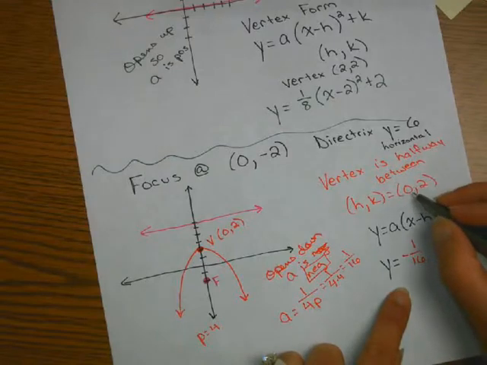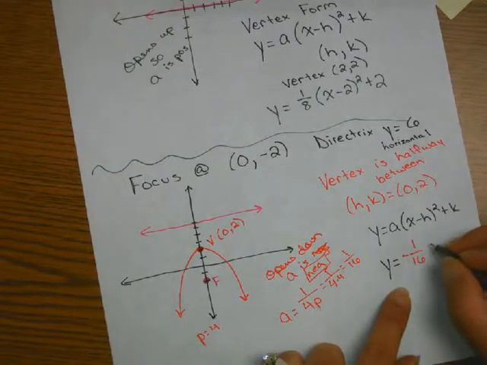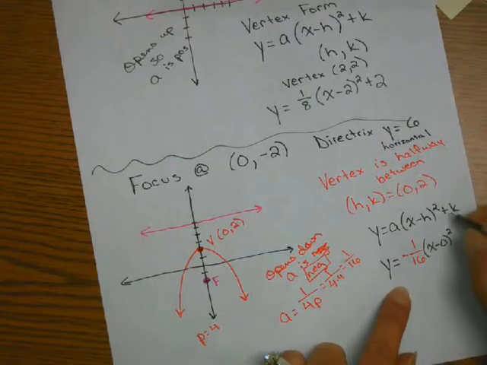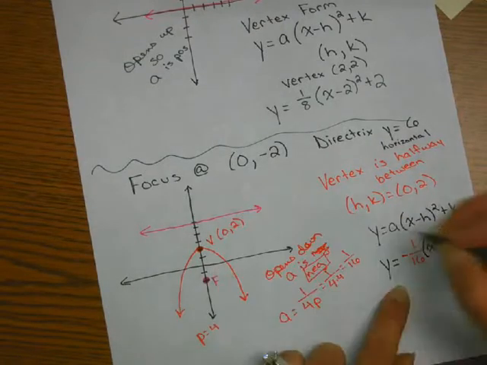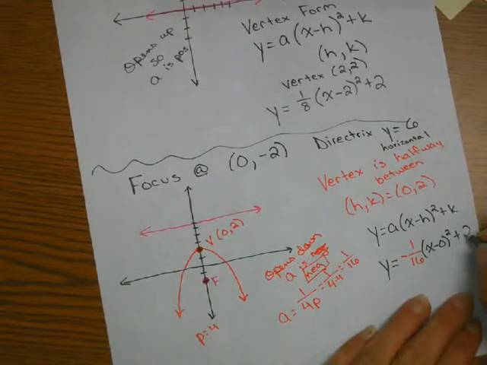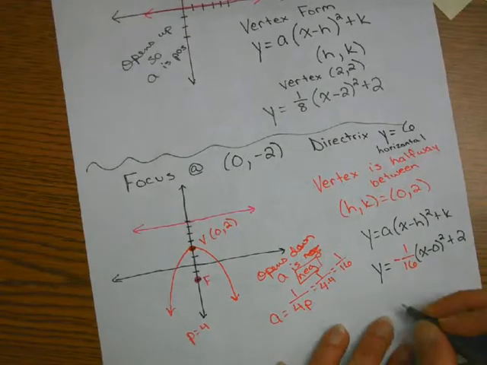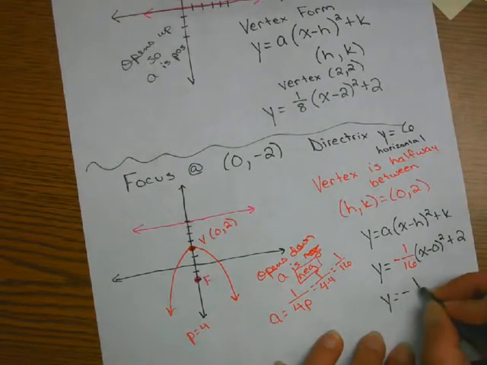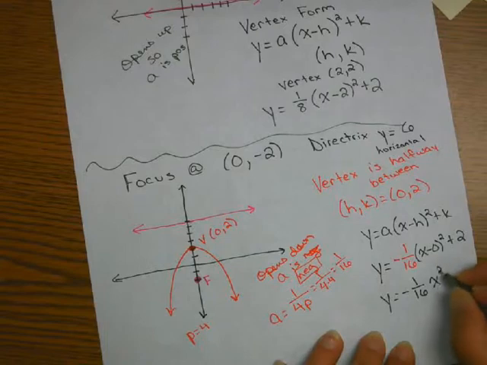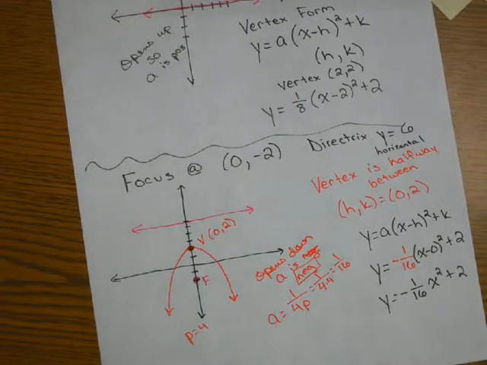Well, since I didn't move right or left, that's going to be x minus 0, which you're welcome to put. Plus k. It was up 2, so that's plus 2. Now, I also could write that as x minus 0 is just x squared plus 2.